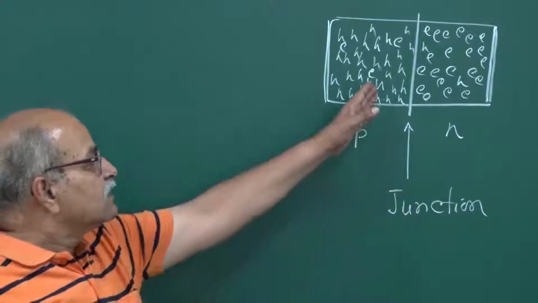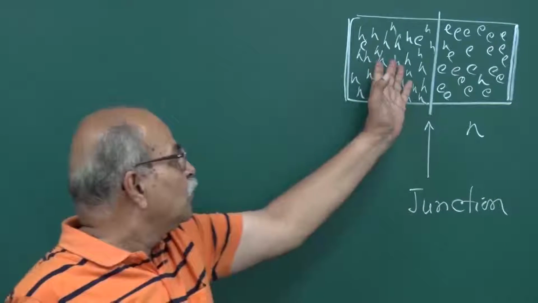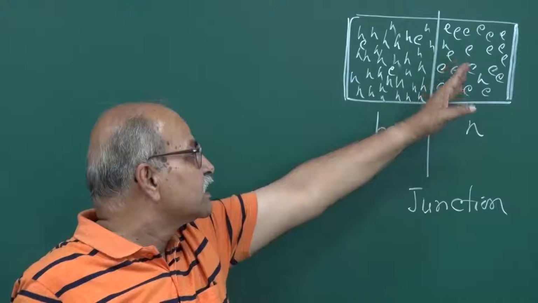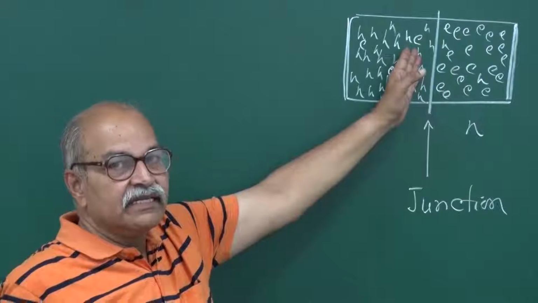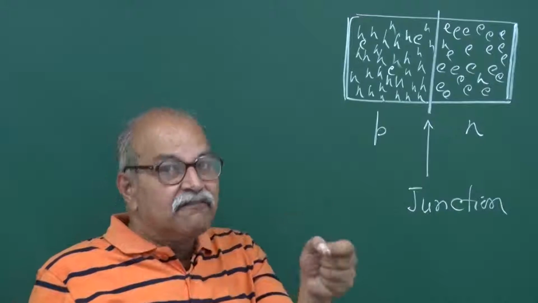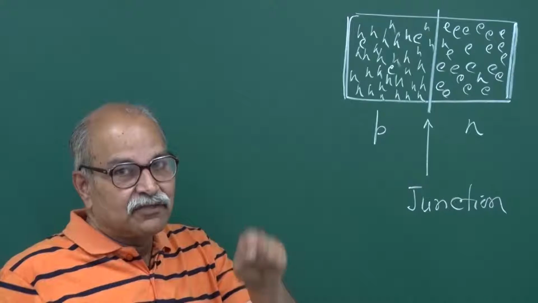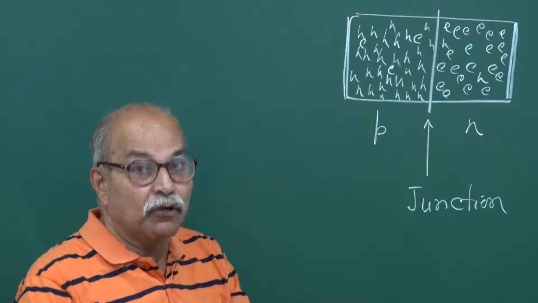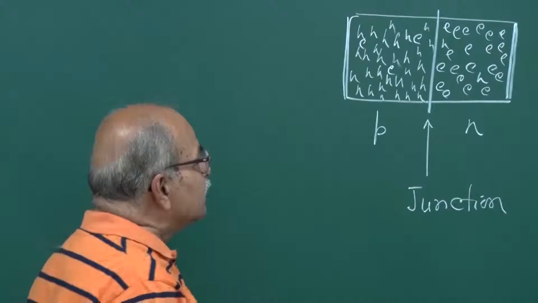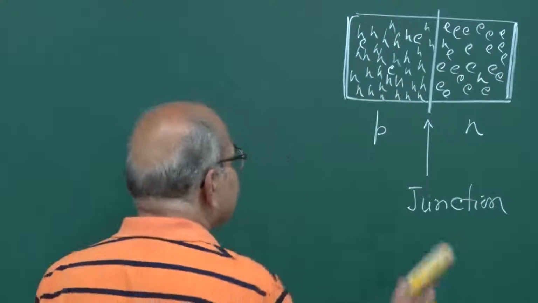Then we said that because of this concentration gradient, these holes will diffuse to this side, electrons will diffuse to this side, and they will nullify each other. This electron will fill the hole, and then the hole will disappear, the electron will disappear, it will be a bond only. And in that situation, you get this depletion region.